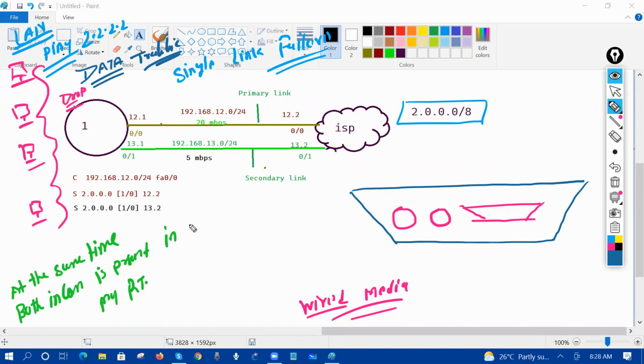This router 1 is going to do the load balancing. I can share some traffic through this link, and I can share some traffic through that link, right? I can utilize both links.